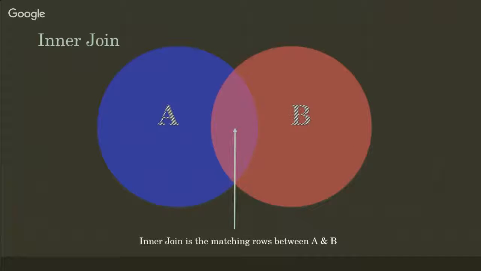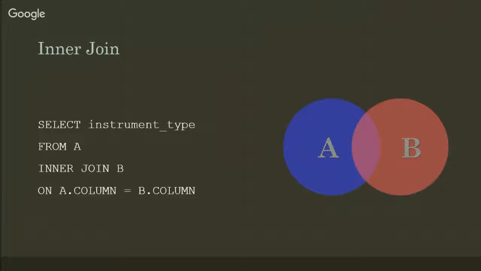The inner join, the first example, returns the matching rows between A and B as the result set. The syntax on the left here is: select whatever you want to return from table A, inner join B, where B is the second table you want to join to A. The last line, the on clause, is what I was talking about before, the join criteria.